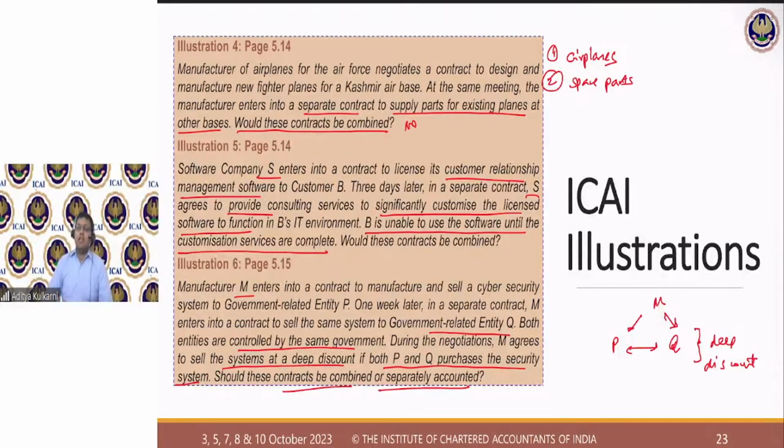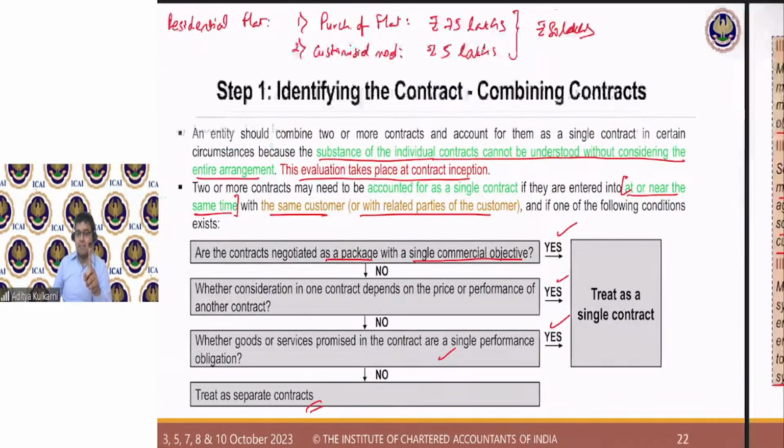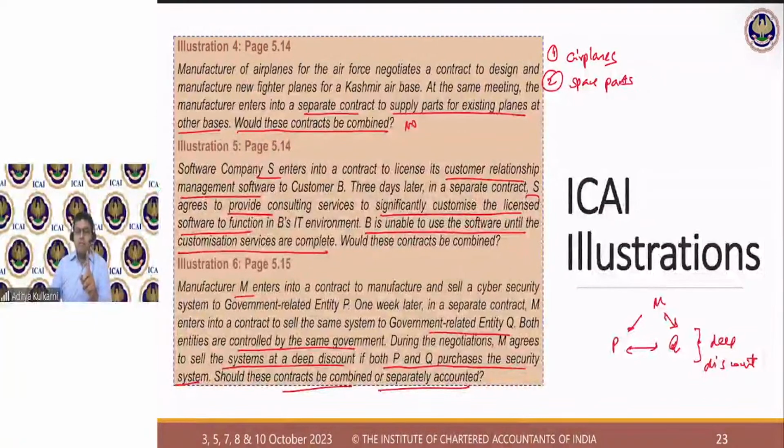Second one, are you negotiating both of them as a single commercial package? Are the contracts negotiated as a package with a single commercial objective? Answer is yes. See, for one entity, he is giving a particular price, say X. But if he is entering into a contract for both P and Q, he is giving a deep discount on that.